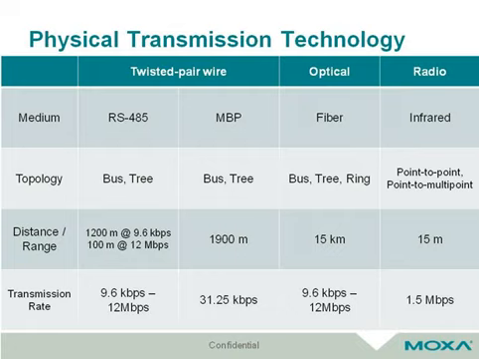All the PROFIBUS PA devices only work with 31.25 kilobits per second transmission rate. The last two media, fiber or infrared, are used for specified environments. For example, high electromagnetic interference, which uses fiber, or wireless requirement, which uses infrared.